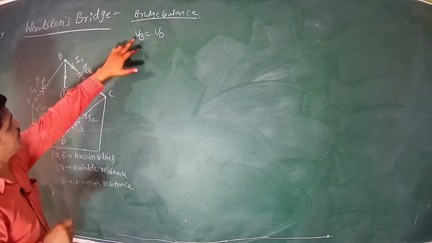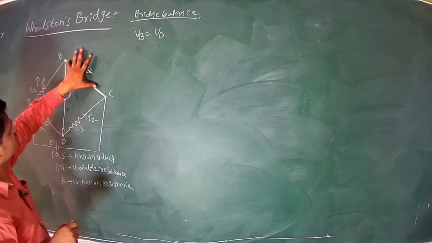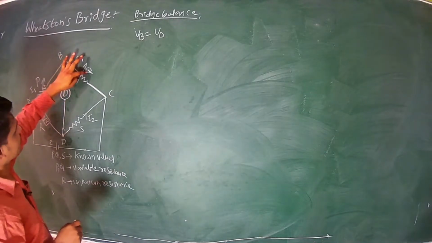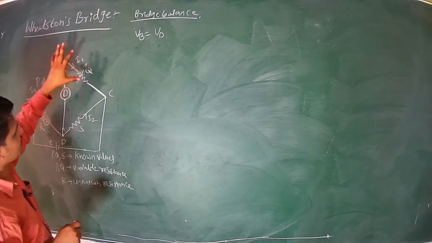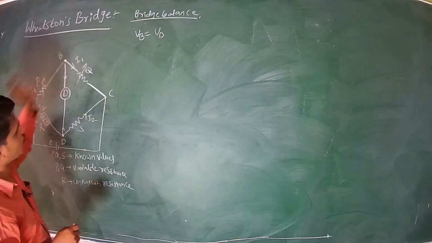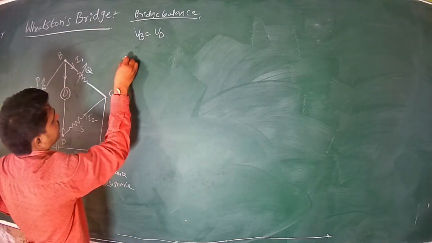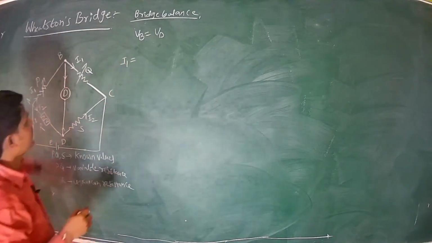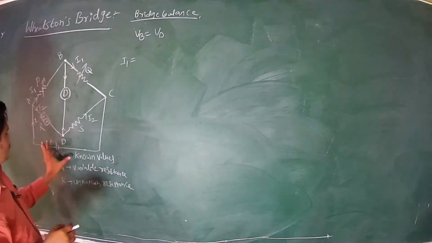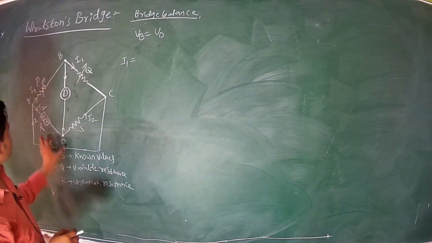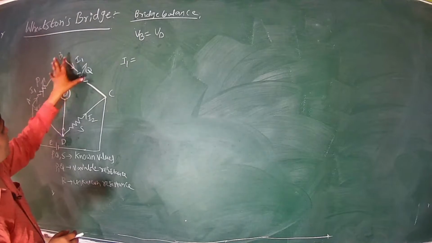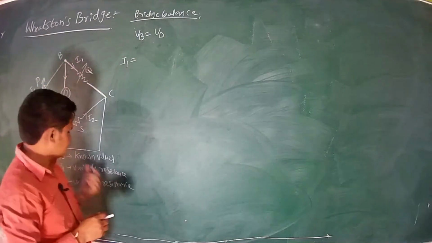Then VB is nothing but the voltage across this Q resistor, which is the current I1 into Q. So first let us find I1. The source voltage is across the two series combinations.